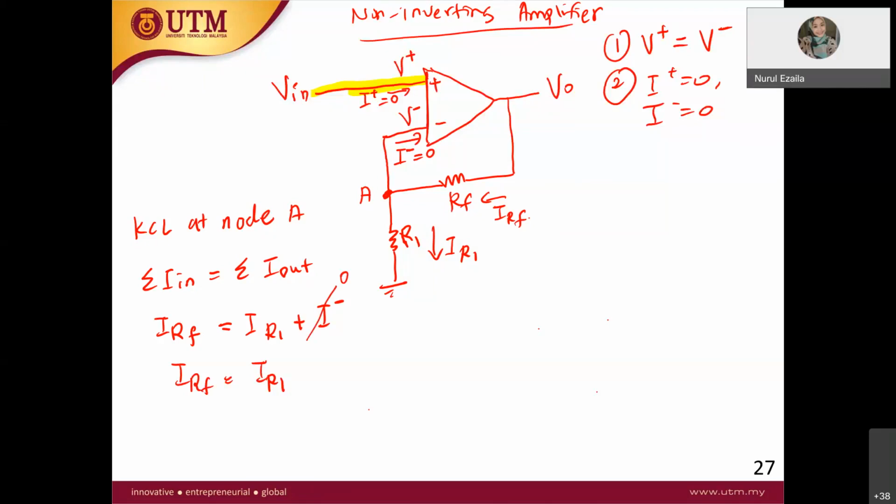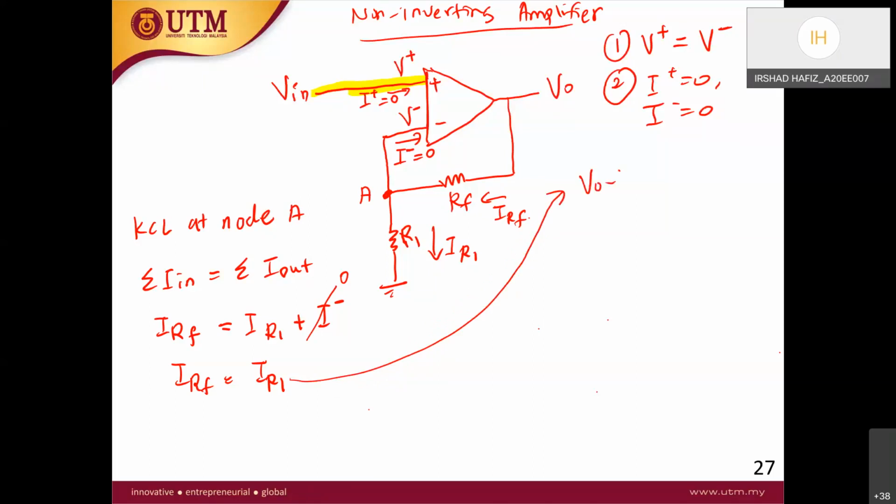So now IRF is equal to what? Can you give me what is IRF? V out minus V negative over RF.